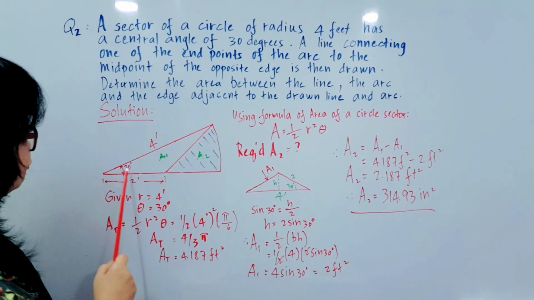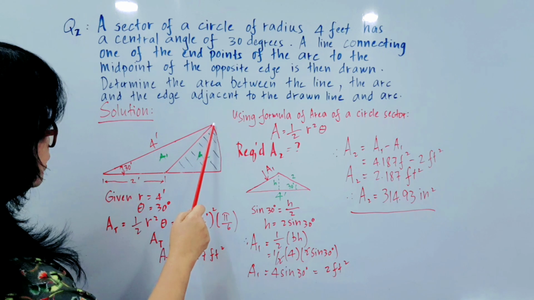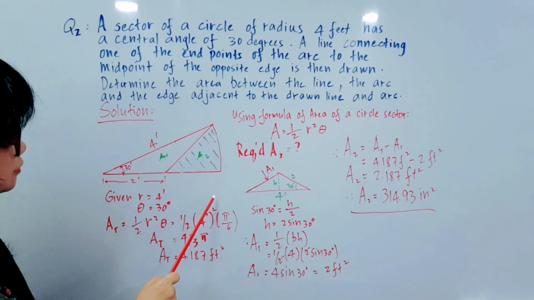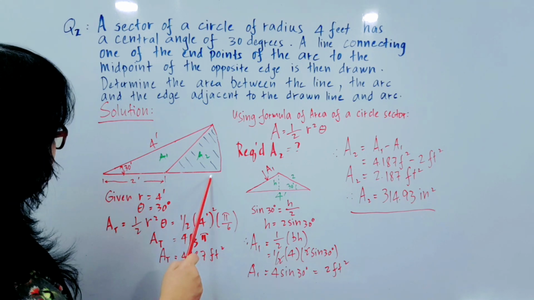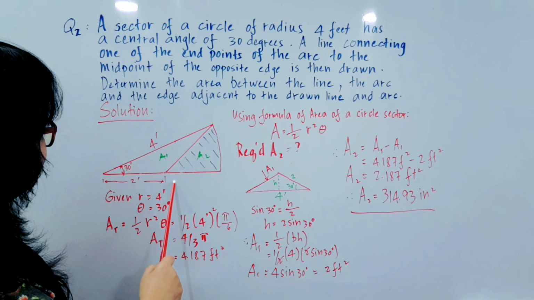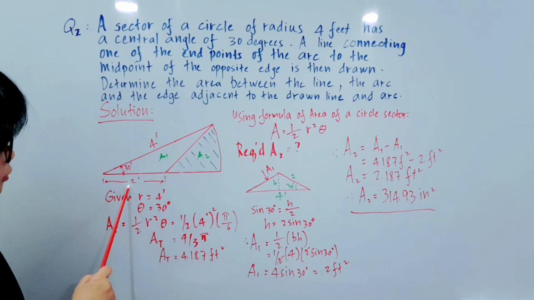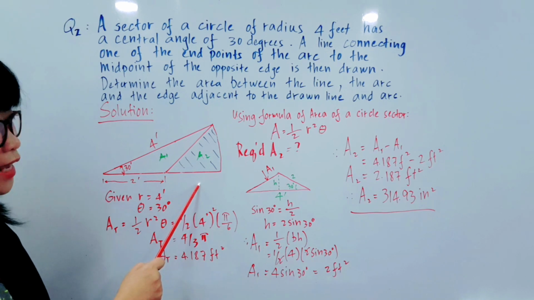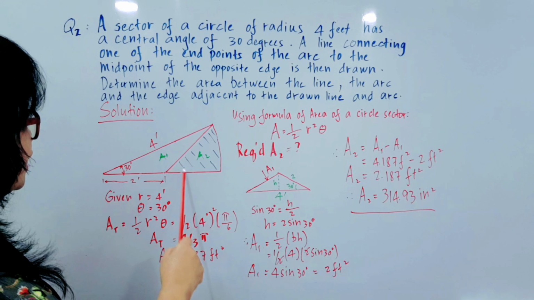If this is 4, it goes around the circle and stays the same, so this is equal to this one: 4 and 4. The midpoint is in the middle, so 2 here is the half. So there is a line. Now, that is what we are looking for.